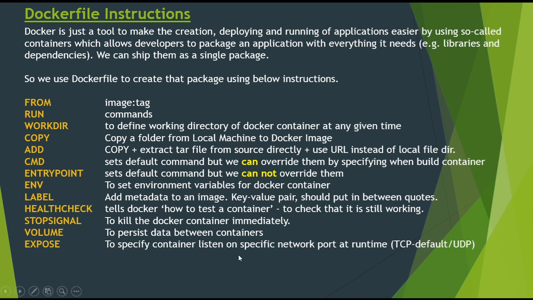So that will specify that network port at runtime, meaning we can connect to that container using that port. So all these are the most important instructions we can use in our Dockerfile to build a Docker image for any container.